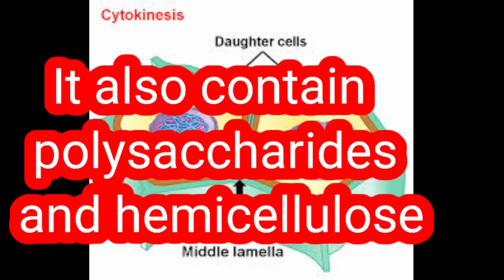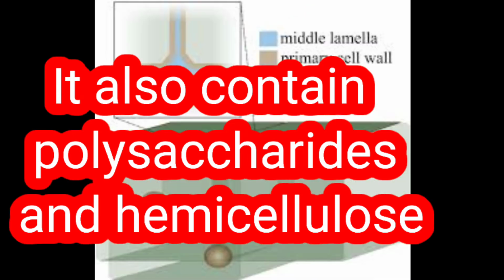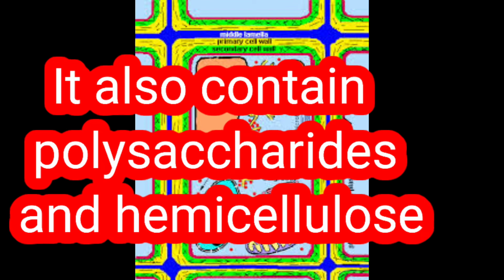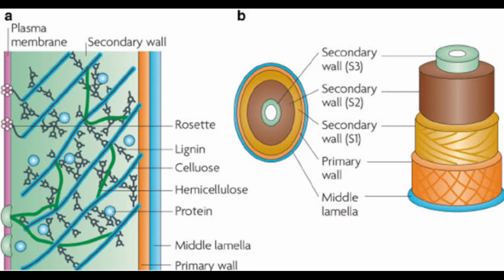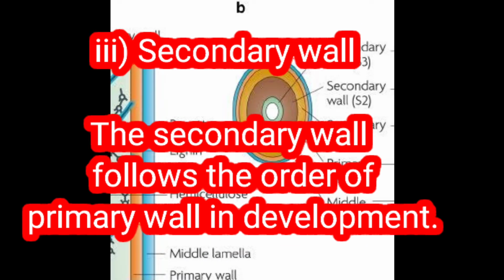It is present 30 to 35% in plant cells. Hemicellulose is present in the matrix of the cell wall. It is present in amorphous shape, because there is no shape, so it is known as amorphous.